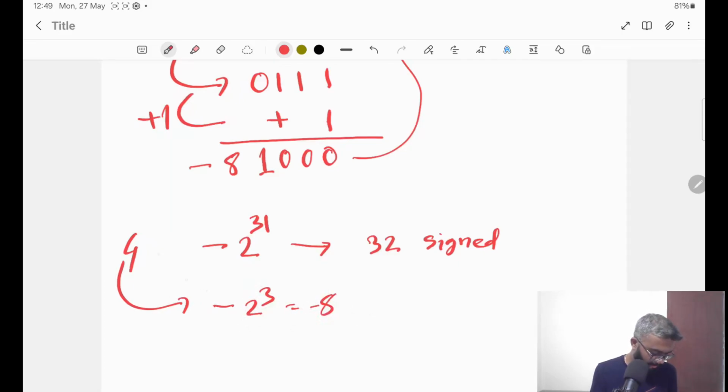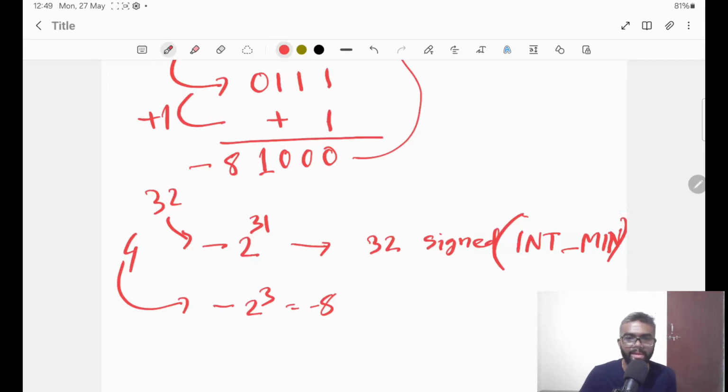The same number for a 32-bit system becomes this guy. And this number has a special name. It's called int min. And when you try to find the negative of int min, what really happens is it creates an overflow situation. There is no corresponding positive number for int min. And that's why my program was unable to find that.